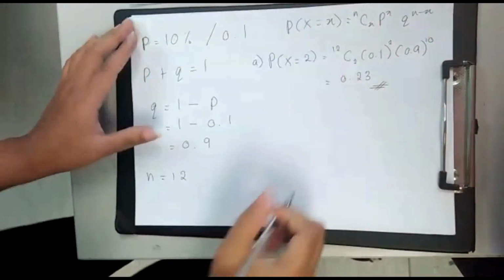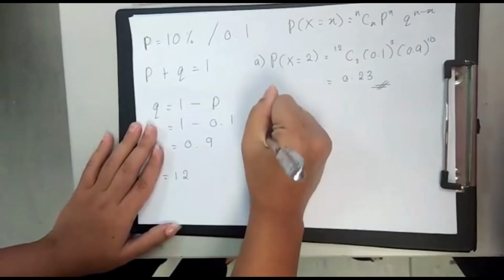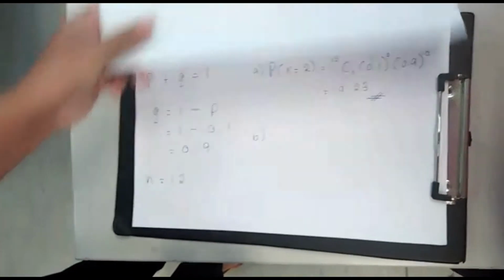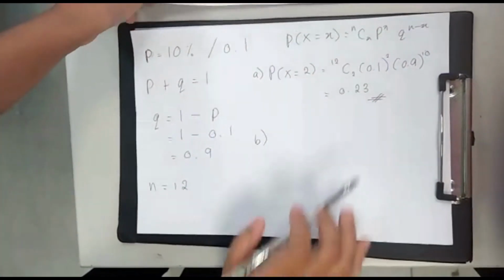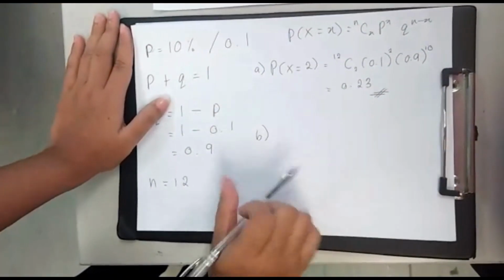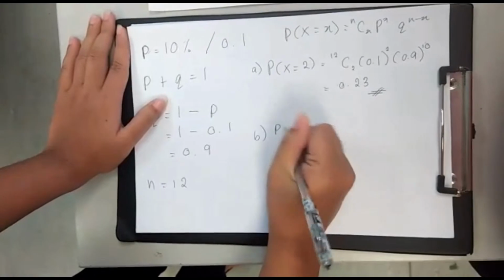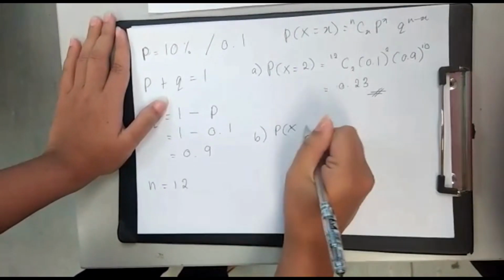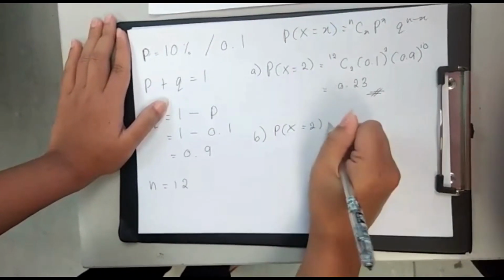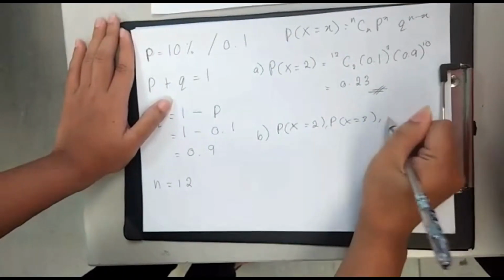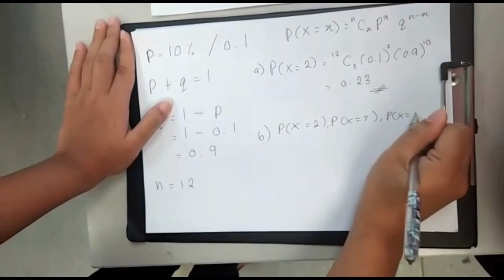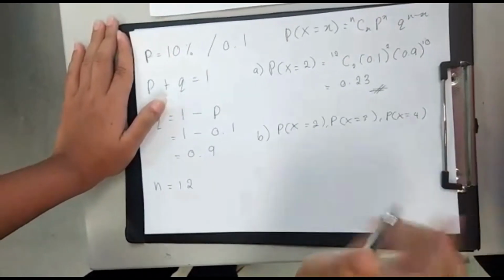Next, for the next question, we are asked to find at least 2 defective pens. We need to find P(x=2), P(x=3), and P(x=4), and so on.